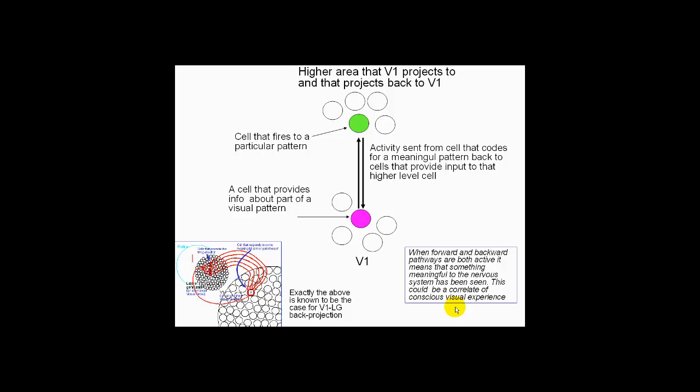And what happens here is that if you have a stimulus which is kind of meaningful to this cell, then this cell sends a message back that reinforces the neurons that contribute to seeing that kind of stimulus. And the same thing might be going on at a higher level of the nervous system. So what this is saying is that when forward and backward pathways are both active, it means that something meaningful to the nervous system has been seen, because it means that the cell up here got a pattern of activity that made sense for its input connections.